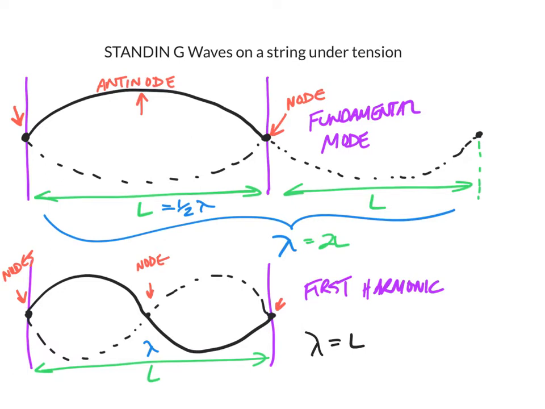But the length of a string with some resonant frequency on it that's a standing wave is always going to be some whole number of half wavelengths. That's the pattern. That's a weird way to look at it, but it's there. The length of the string can always be thought of as some whole number of half wavelengths.